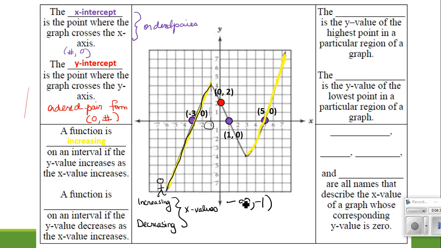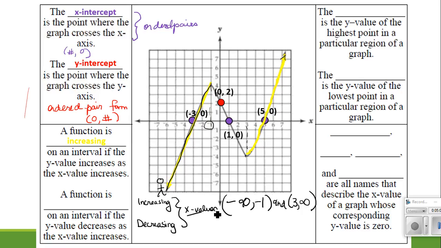So this graph is increasing from negative infinity to -1. It's also increasing from 3, and then if you fold over on the right, it's going to run into this arrow. That arrow is going to mean infinity. So those are the 2 increasing values.